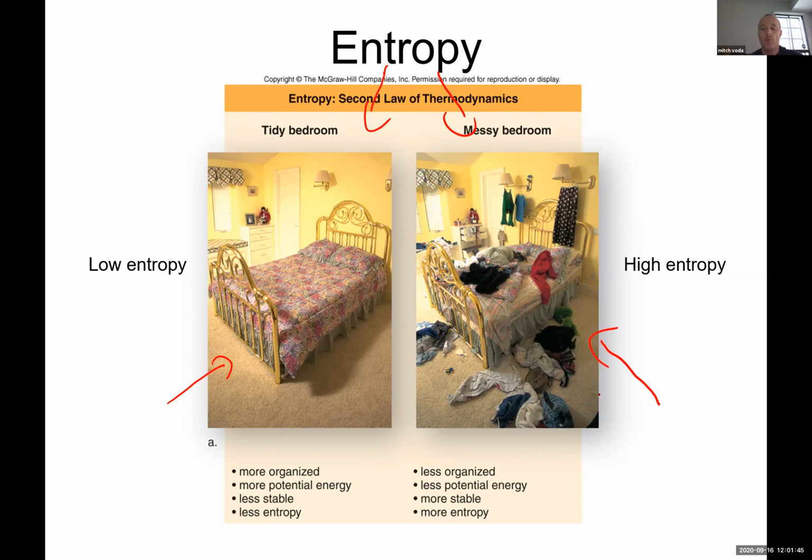How does that make sense? Because the higher the entropy, the more stable it becomes. If I walk into your bedroom right now, I bet it looks like this one right here, not like this one to the left. It takes way more energy to actually keep it neat and clean versus just having it all messy.